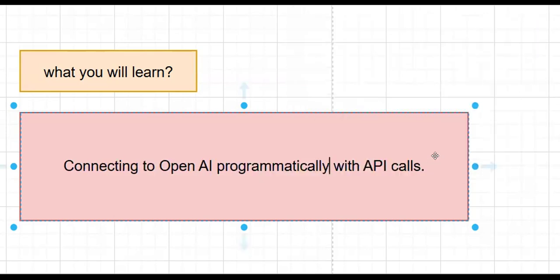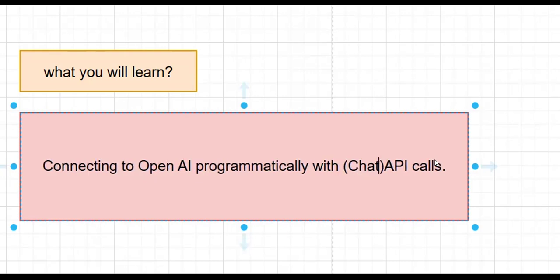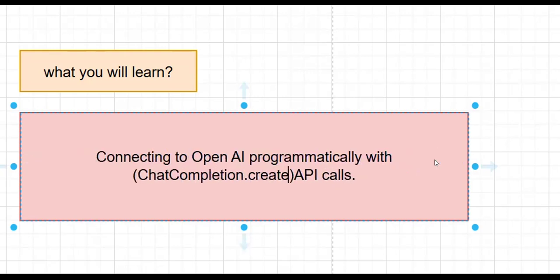Through what API call are we going to connect to OpenAI? By using ChatCompletion.create. This is the API that we are going to use to connect to OpenAI.